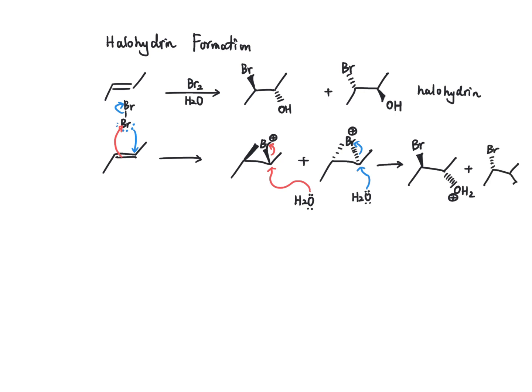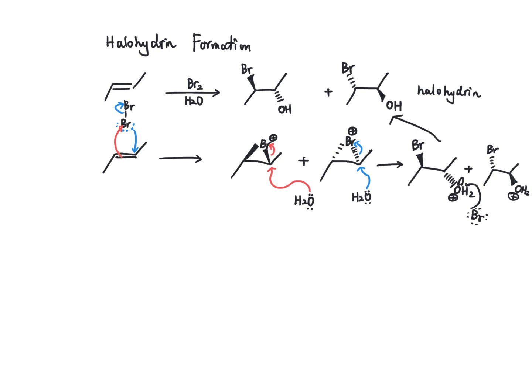And now this H2O positive charge will be in the front. And then we will have a deprotonation process. You may ask which one we use, water or bromide. Either way, you will have something to deprotonate it, and then you will have your final product.